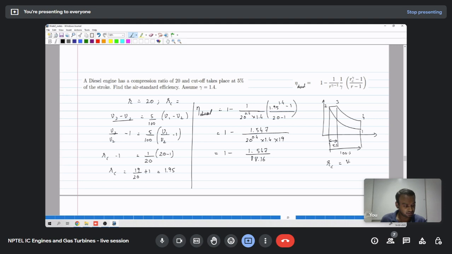Okay. Yes, sir. Then it's right. 1.9 is a typical cutoff ratio. Yes, then it's right. Sorry, sir. No problem.